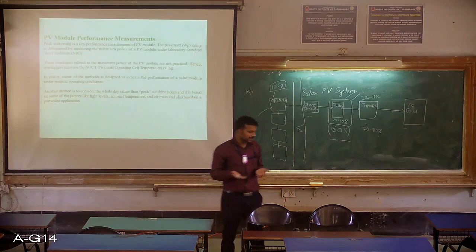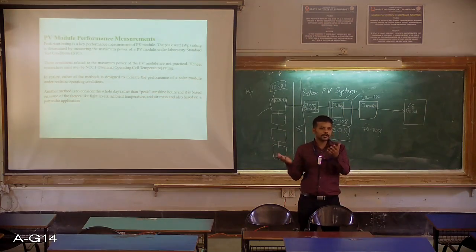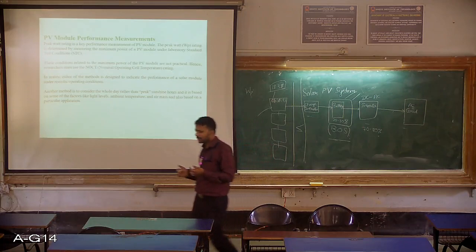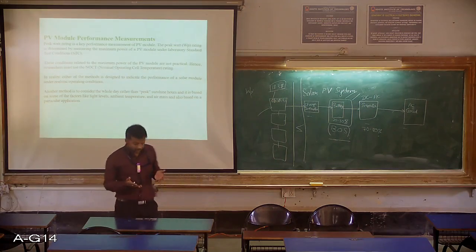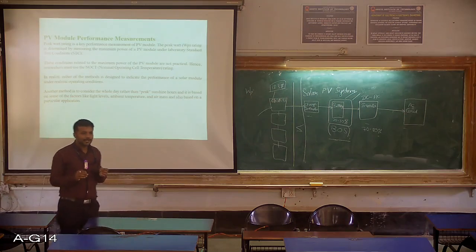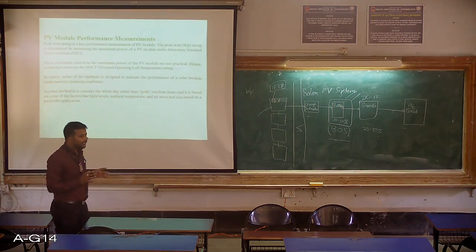Normally we consider 25 degrees Celsius, meaning laboratory conditions of 23 to 25 degrees Celsius. Outside it will be 35, 45, sometimes even 50 degrees Celsius. In that condition we should test the cell, and we can consider that as the peak watt.